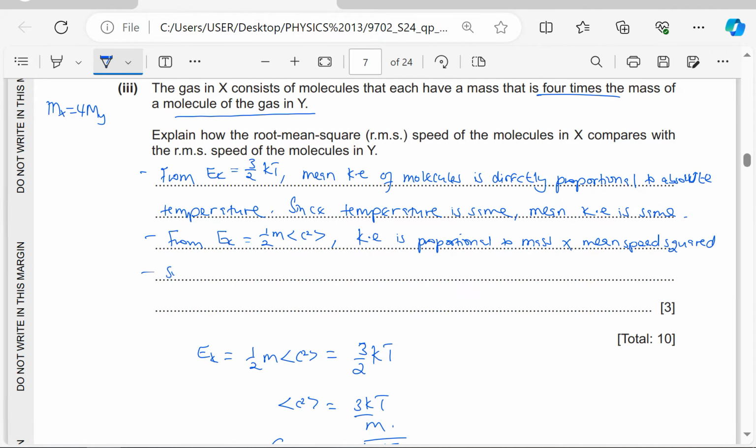And so the root mean square speed is inversely proportional to the square root of the mass. When you combine those two, you see it is inversely proportional to the square root of the mass.